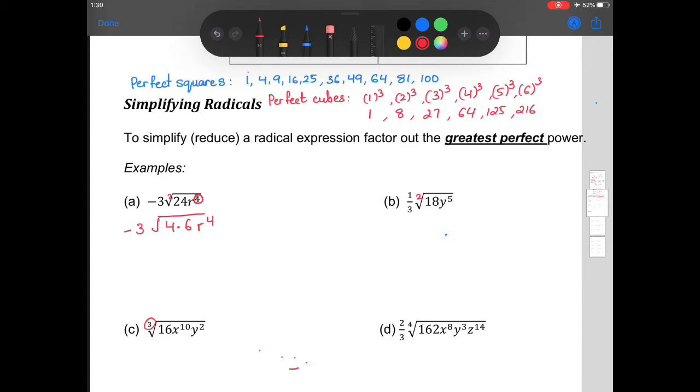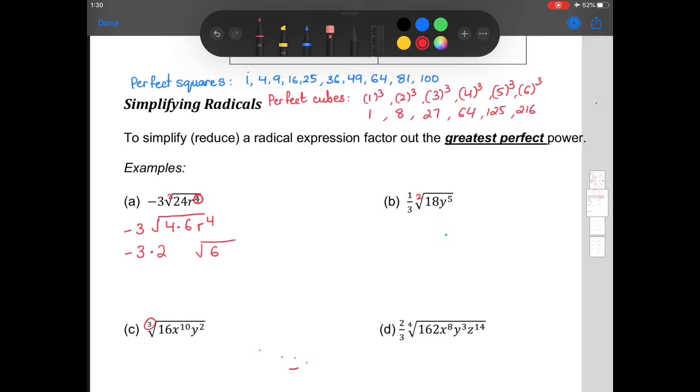That's your first step. Now whatever is a perfect square, you're going to pull it out. So I'm going to bring down the negative 3. Square root of 4 is 2. It's all multiplication, remember. And 6 is not a perfect square, so the non-perfect ones go under the radical.